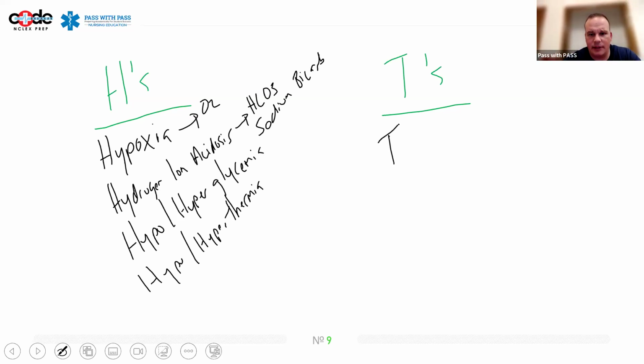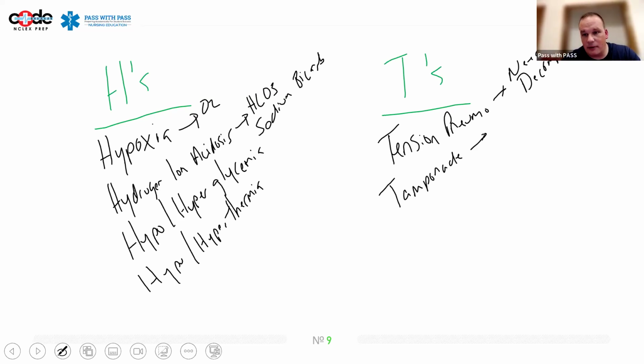T's. We have a tension pneumo. How do we fix a tension pneumo? We do a needle decompression. We have tamponade. How do we fix a tamponade? We don't necessarily.